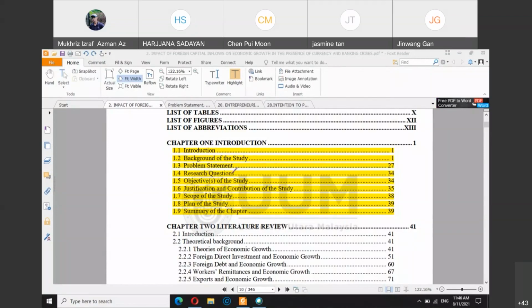And then you continue on the problem statement, which I mentioned is maximum around 2 pages long.